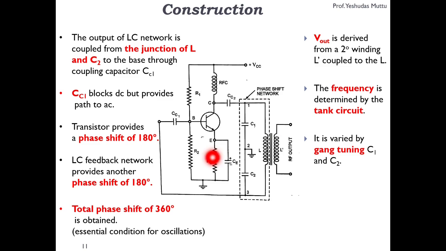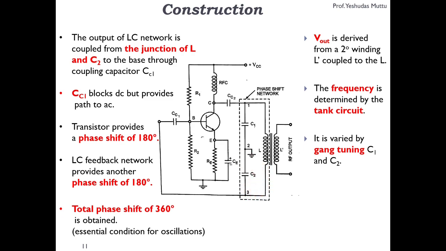Let us take an example. Listen to this carefully. Let me take C1 as 1 farad, C2 as 2 farad, say for example. What is the ratio? It is 1/2, which is half. Now by gang tuning, say suppose capacitor C1 has become 2 farad, then automatically capacitor C2 will become 4 farad in order to maintain the ratio.